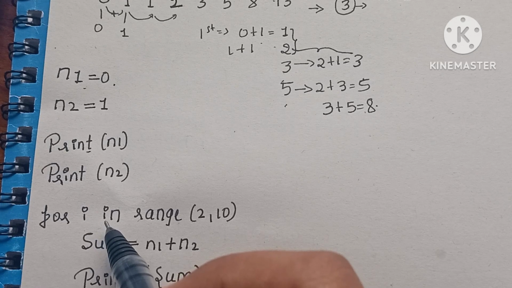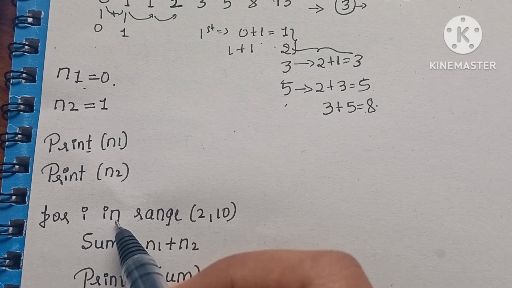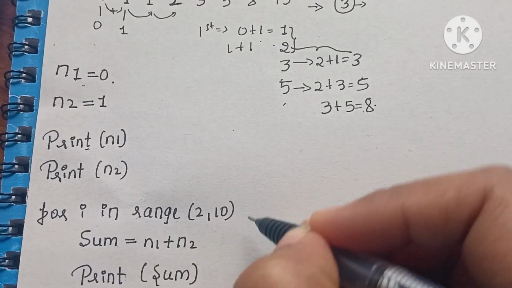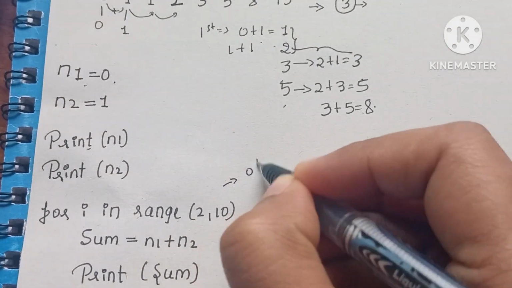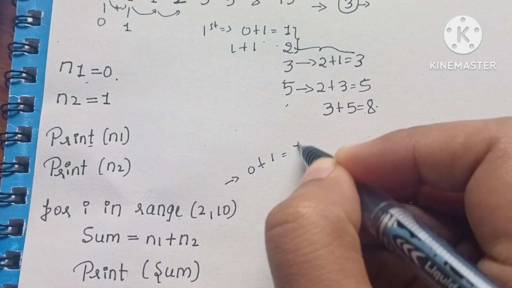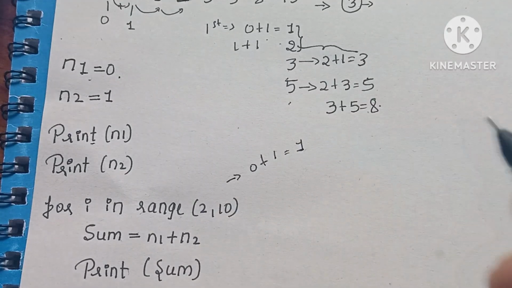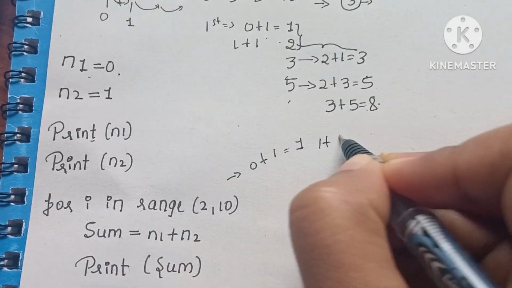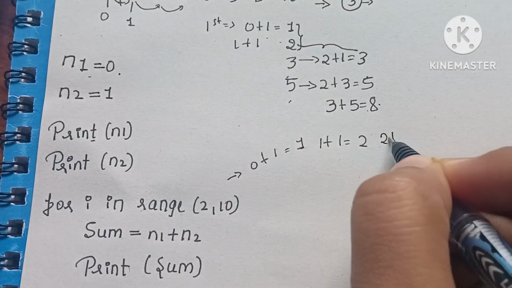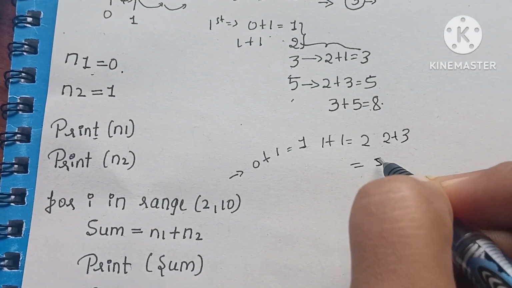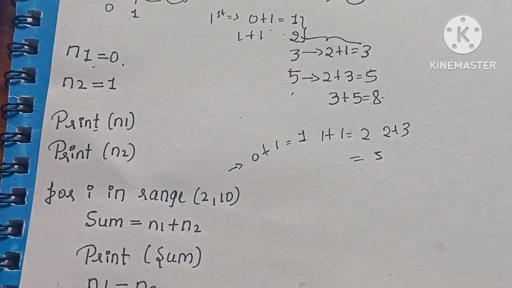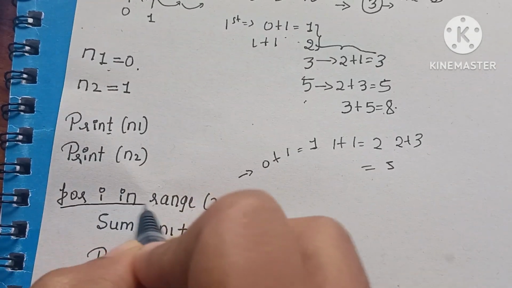So how will we get this number 1? We need to add 0 plus 1. Previously I told 0 plus 1, then it becomes 1. Then you will get again 1 plus 1, 2, like 2 plus 3 equal to 5. For that reason I will write one simple for loop.